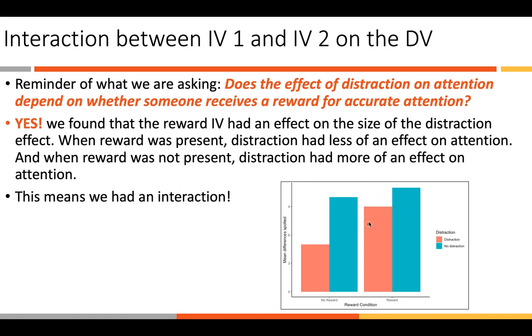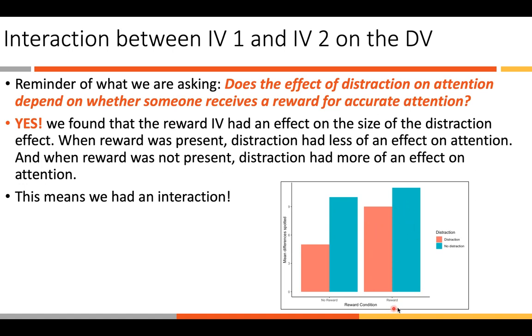Does it depend upon reward? So let's remember that our no distraction groups are turquoise, or maybe that's teal. I don't know. I'm bad with colors. Not colorblind, just color ignorant. Our teal bars represent the no distraction group, and our pinkish, maybe that's salmon, pinkish salmon bars represent the distraction group.